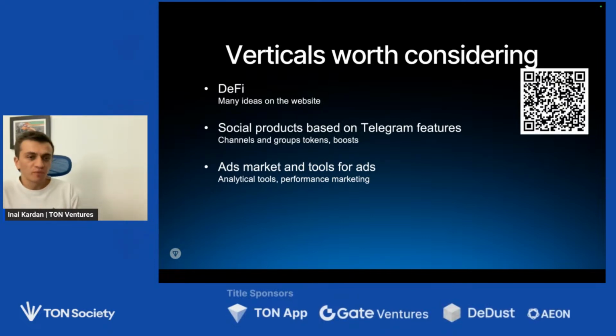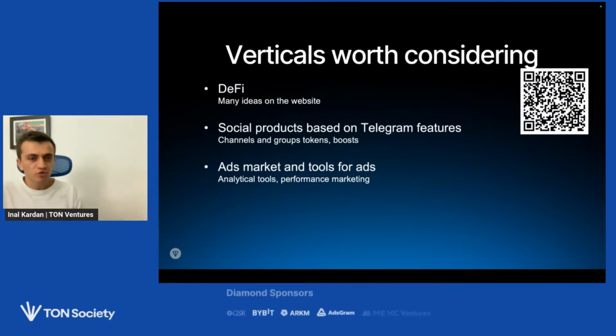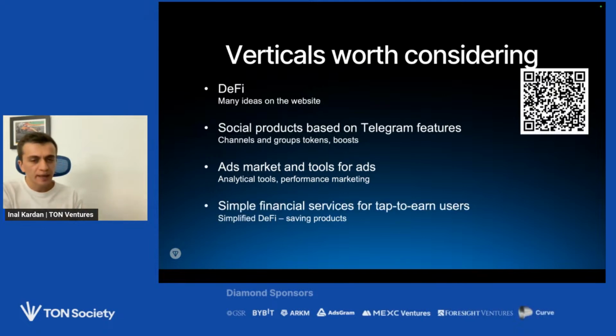And the ads market obviously can be big on Telegram in the future. So building things that help AdsGram, not only AdsGram, but ad networks to become more effective, is one of the best things that you can do if we speak about ads. You can consider it as infrastructure, but at the same time, this is very important infrastructure.